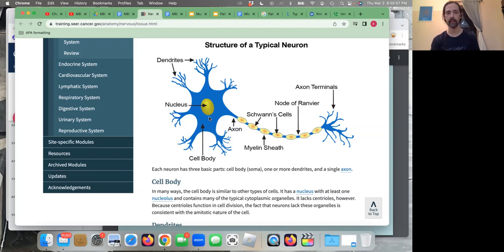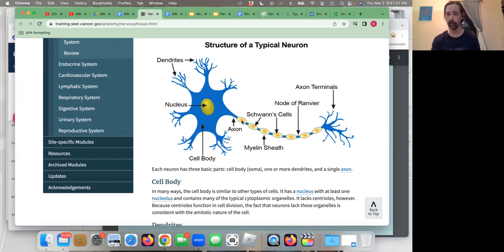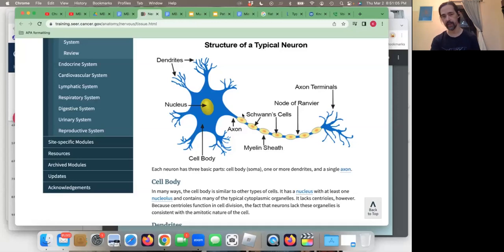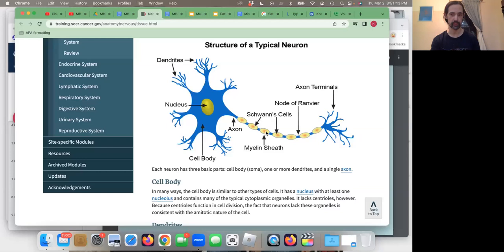So you have the body, then you have the dendrites extending out of that. You have a long axon that extends out of the body. Oftentimes the axon is covered in Schwann cells, which provide myelin, or we would say the axon is myelinated, covered with a myelin sheath. And then there's an axon terminal at the end of the neuron.